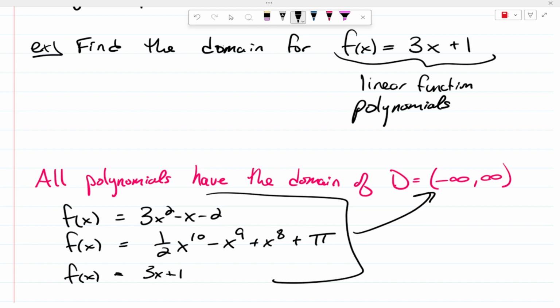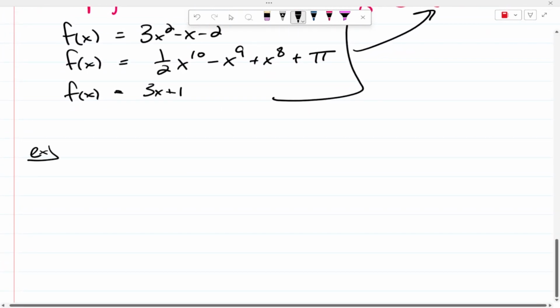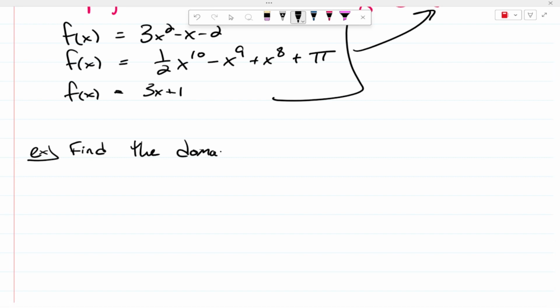It's when you start dealing with different types of functions that you got to be careful. And that's going to be this example right here. So if I want to find a domain for f of x equals 3 over 2x minus 1, I need to be careful with this.